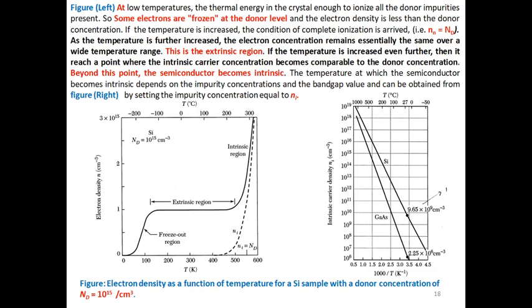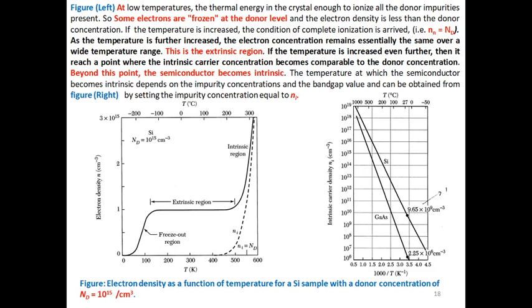We take a simple example of a silicon sample with a donor concentration, that is an n-type semiconductor, adding donor impurities of 10 to the 15 per centimeter cubed in silicon material. For example, in the left-side figure, the temperature in Kelvin ranges from 100 to 600 Kelvin, and we show three regions.